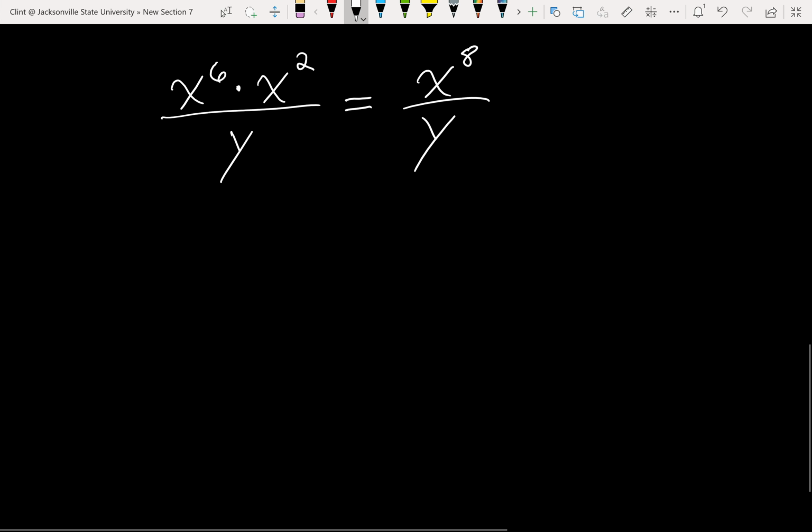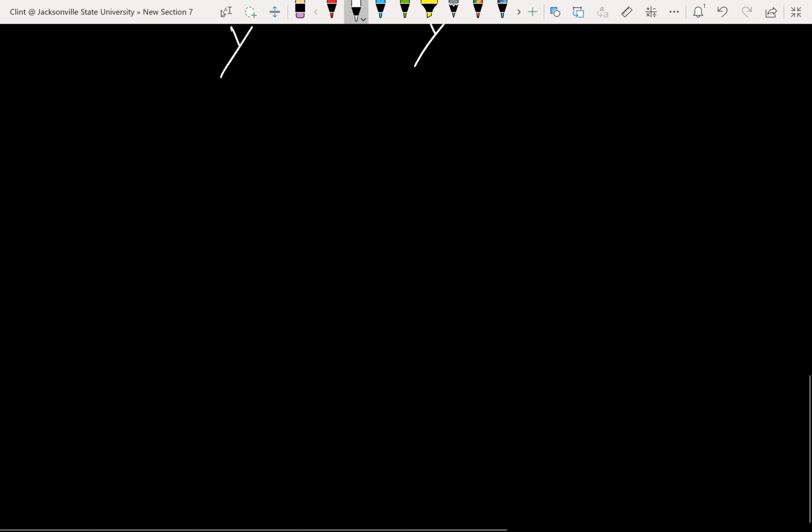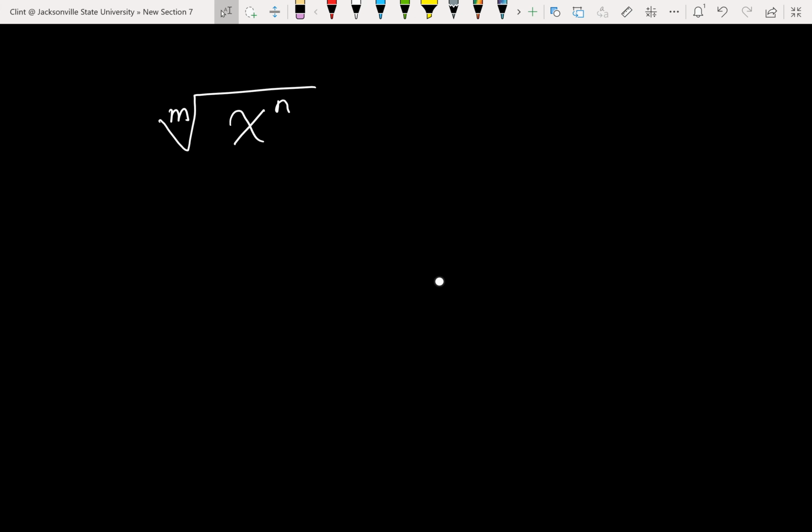One other thing I want to cover briefly here. What if we have a situation like this? We have a radical, some variable with an exponent. So we would say this is the nth root of x to the mth power. Since we're talking about exponents, the thing to remember in this section is that anytime we have a radical, we can rewrite it as a fractional exponent.